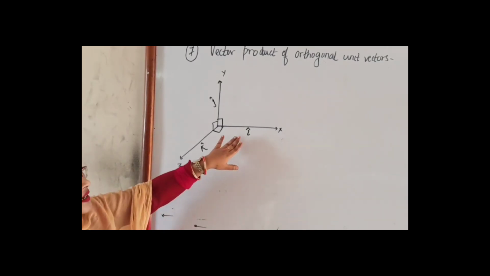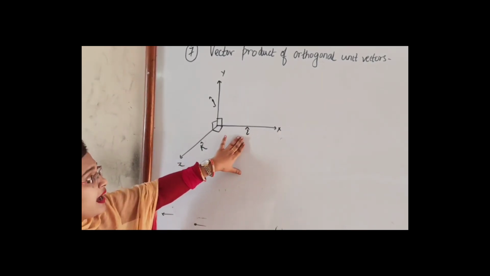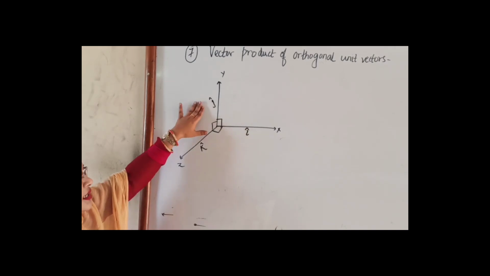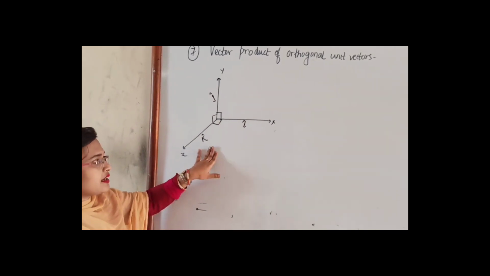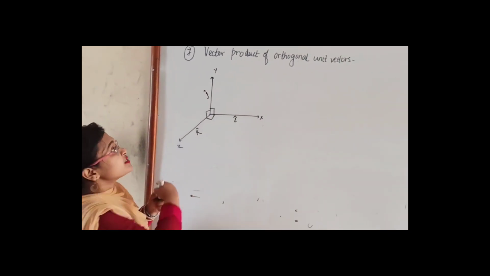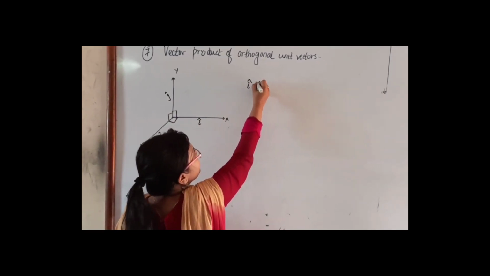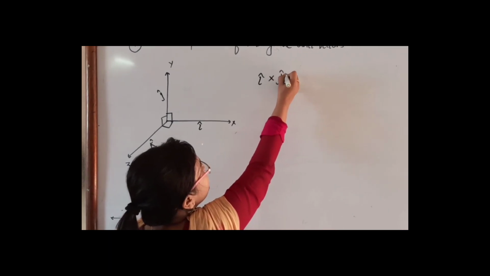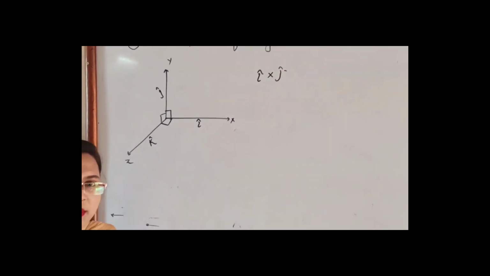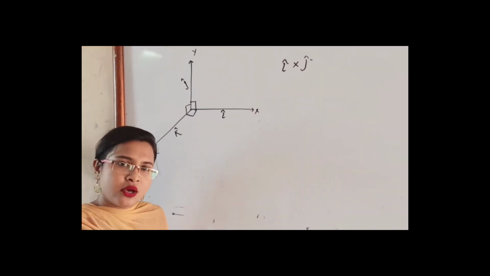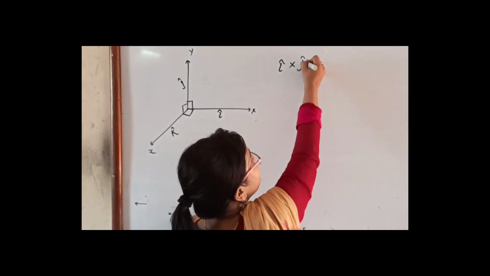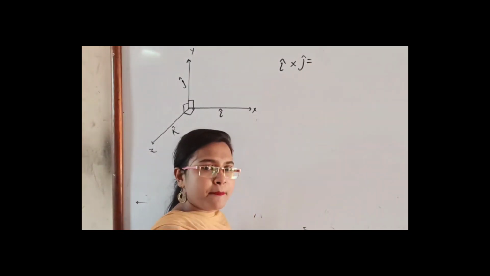What if I want to find the cross product between i cap and j cap, or j cap cross k cap, or k cap cross i cap? So let's find the cross product i cap cross j cap. It is a unit vector, so remember its magnitude will always be 1, and the direction is always perpendicular to the plane.